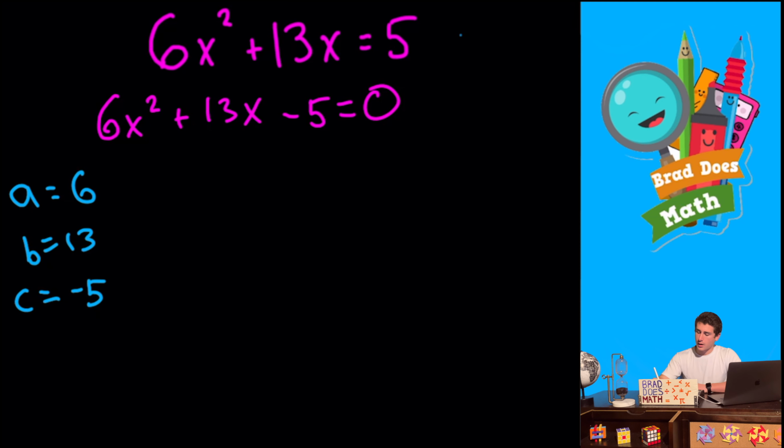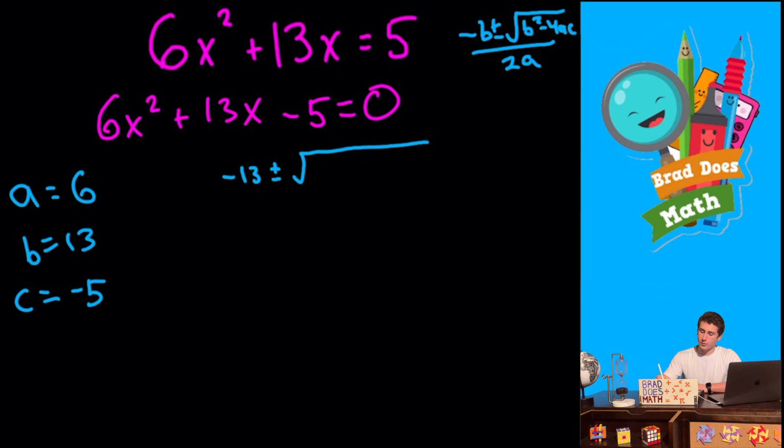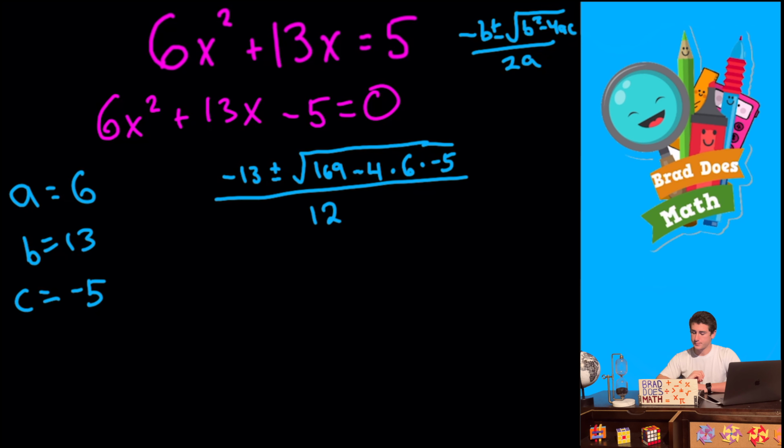All right. Opposite of B, plus or minus the square root of B squared minus 4AC, all over 2A. And now I just plug right in. Negative 13 plus or minus the square root of 13 squared, which is 169, like we said last problem, minus 4 times 6 times negative 5, all over 2 times 6, which is 12.